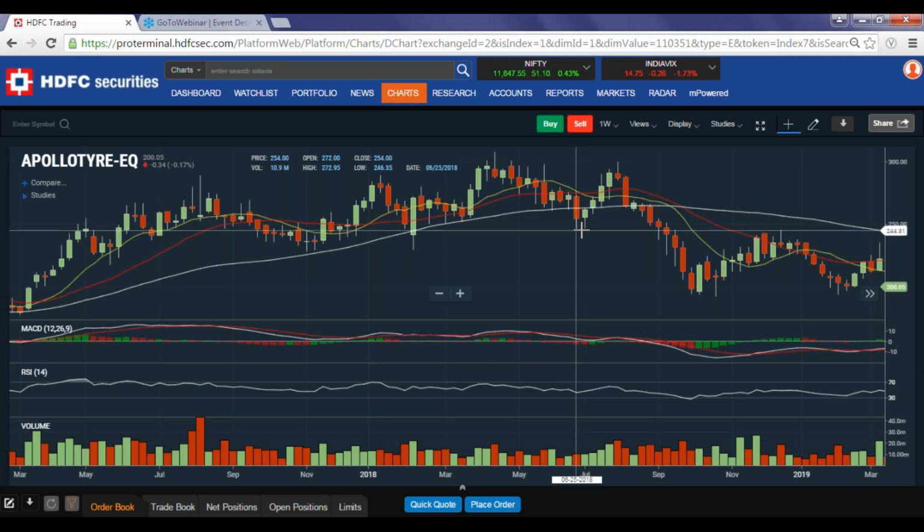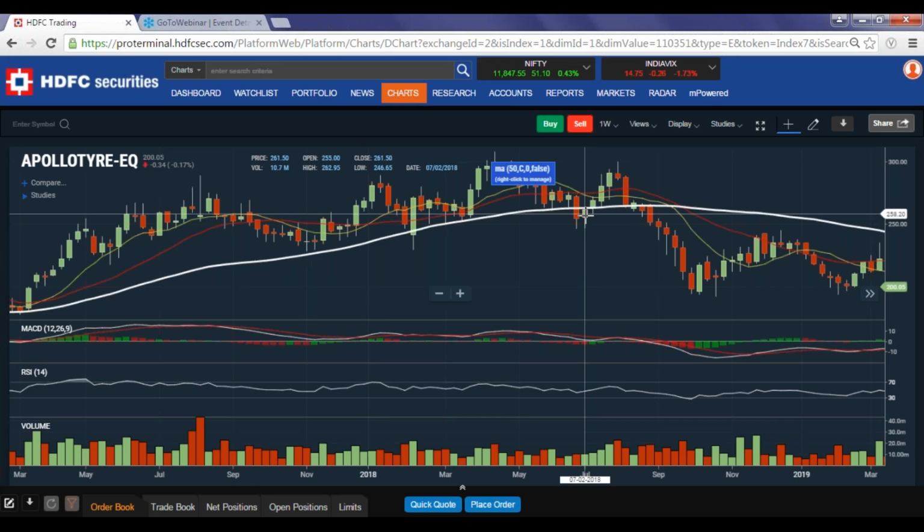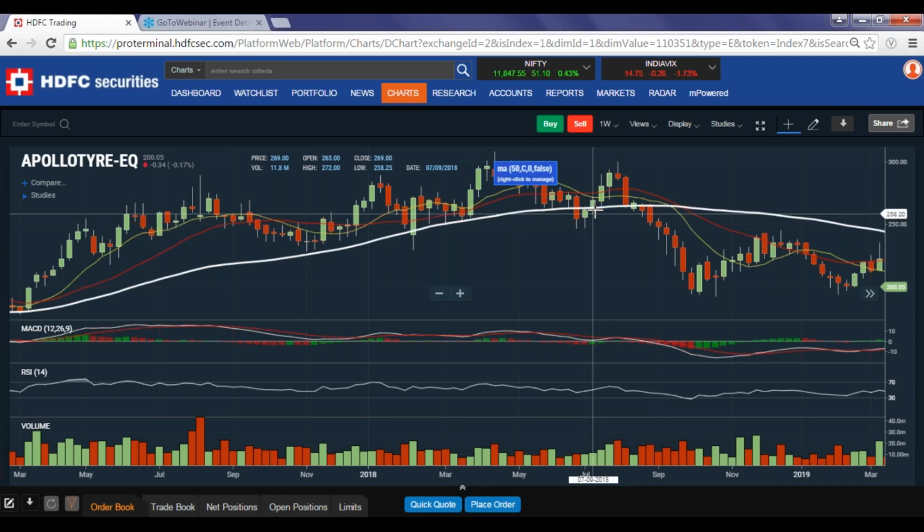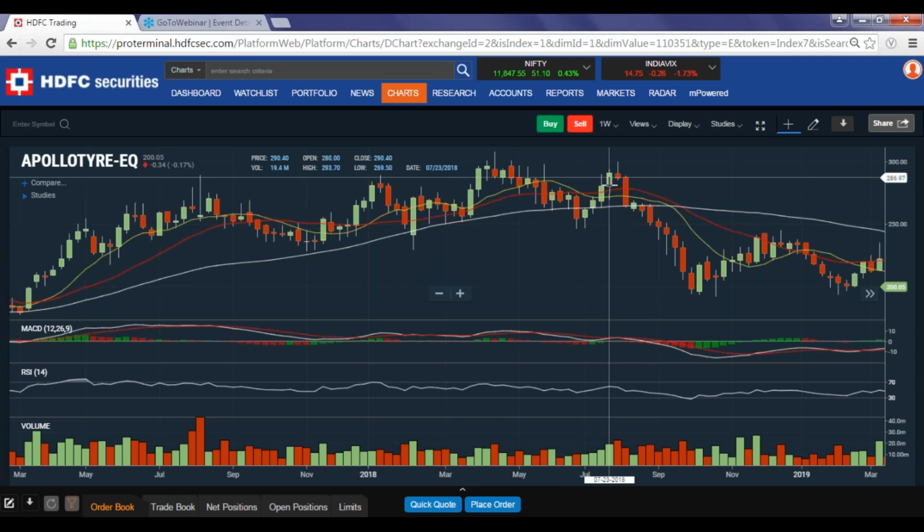The low for both the days was the same, and this was the first small reversal that it showed, a small bounce back from the continuous fall. So on these 2 days, you can see that the candles have formed almost similar lows of 246, and the stock again moves back up. So 246 becomes your neckline. The moment the stock crosses below 246, it will be a confirmation of the pattern. That's how you draw a neckline.